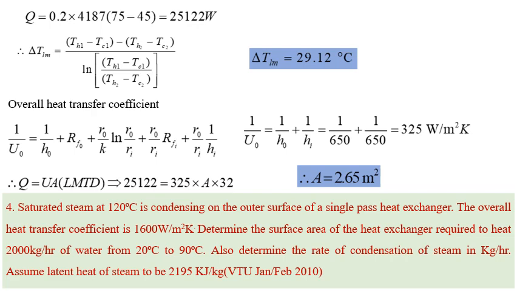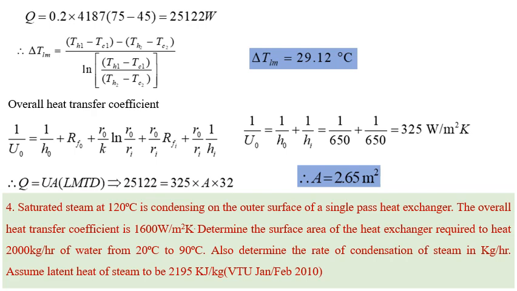Determine the surface area of the heat exchanger required to heat 2000 kg per hour of water from 20 degrees centigrade to 90 degrees centigrade, and also determine the rate of condensation of steam in kg per hour. Assume latent heat of steam to be 2195 kilojoule per kg Kelvin.